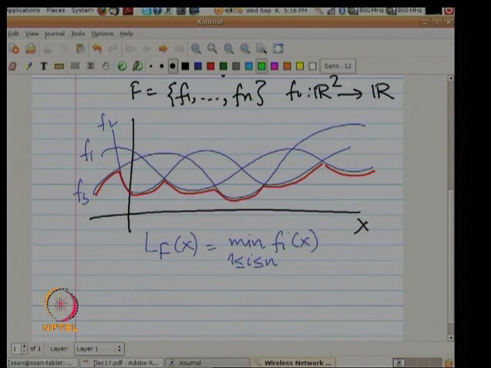Never mind. So, in the beginning on the left side you have f3 showing on the lower envelope. Then function 2 shows up on the envelope, then function 1 shows on the lower envelope, then again 3, then 2, then 1, and so these are called breakpoints.